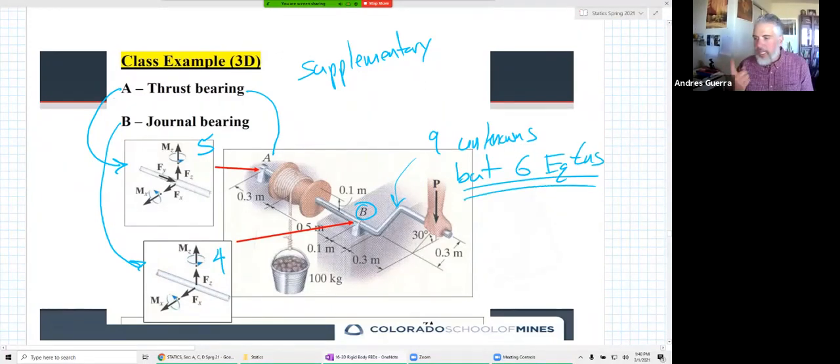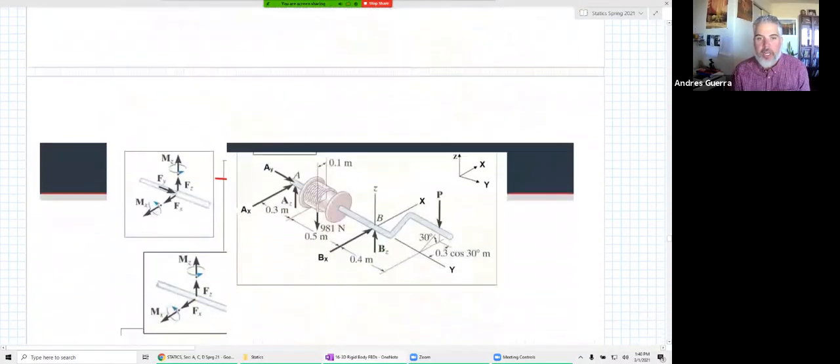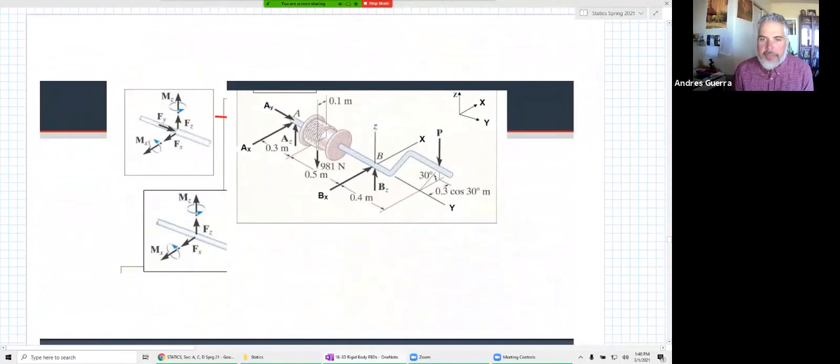However, something really unique happens when we have a rigid object. If this thing behaves perfectly rigid, which we assume everything in statics is perfectly rigid, the moments go away. So when we draw our FBD, it should look like this. It should not include this MZ or this MX or this MX or this MZ.